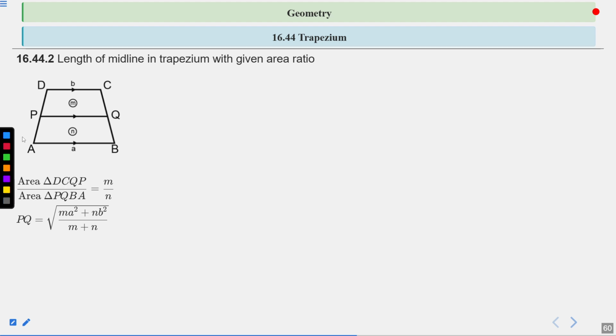So we can say that PQ will become under root of MA square plus NB square upon M plus N. Next. So if M ratio N is equal to 1 ratio 1, then PQ will become under root of A square plus B square by 2. Next one.